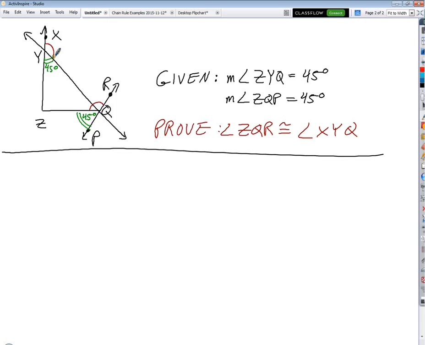Take the measure of XYQ plus 45 equals 180, and then subtract 45 from that. That'll give you the measure of that. You could do the same thing to the other angle. Okay, that's a way to do it.